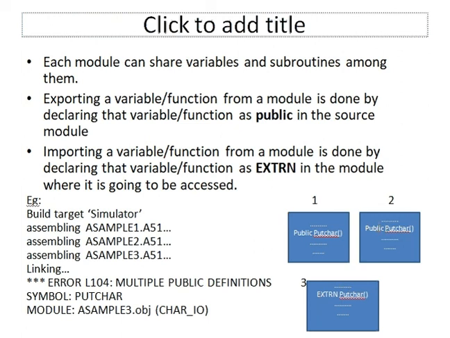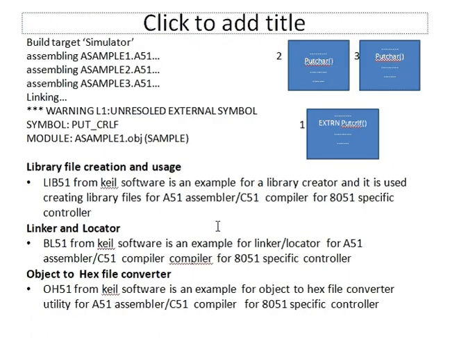Which one from these two you are supposed to import, the linker will not come to know. Hence it will provide an error message while linking: multiple public definitions. You have multiple public definitions, so it is unable to resolve this, and you get a resolve error.